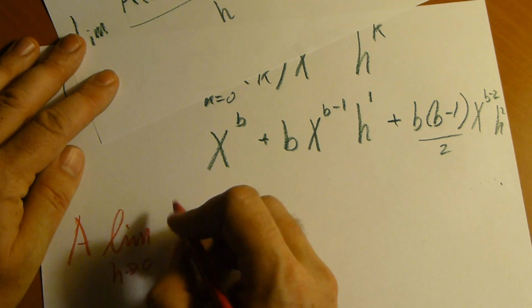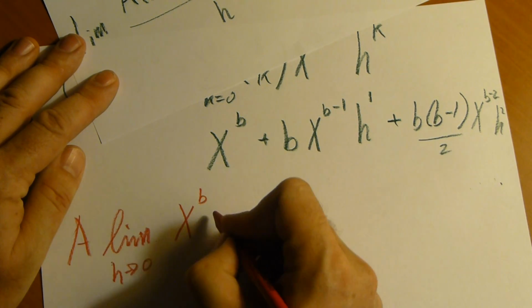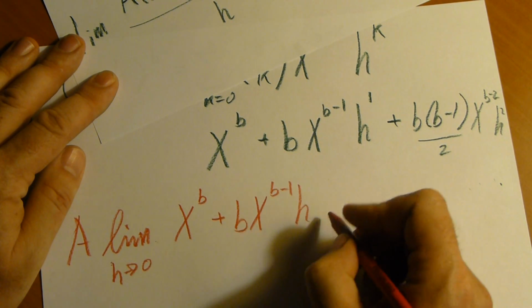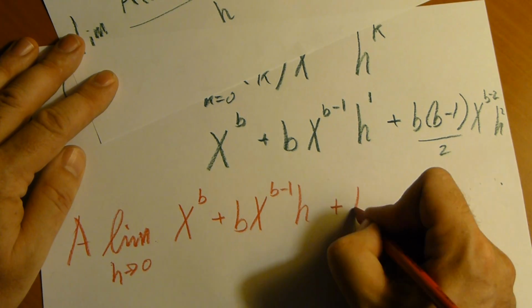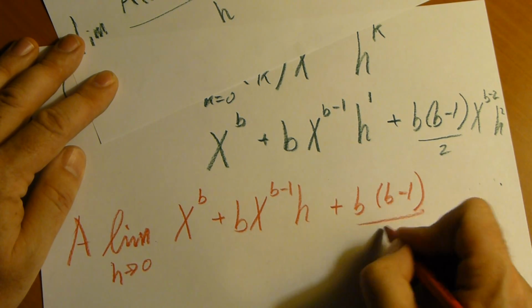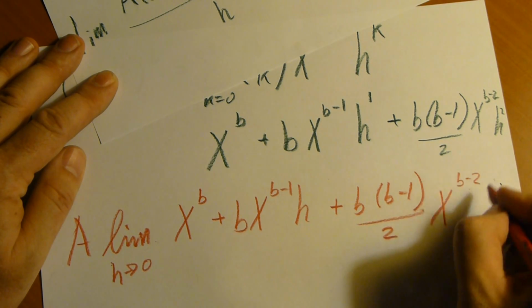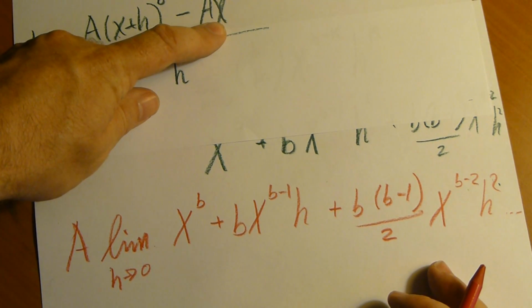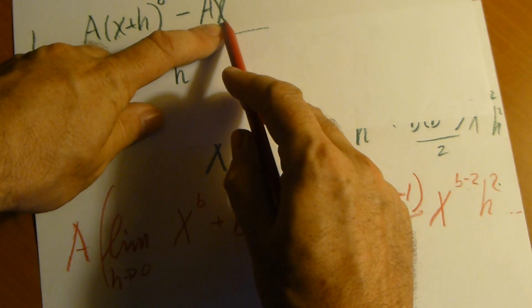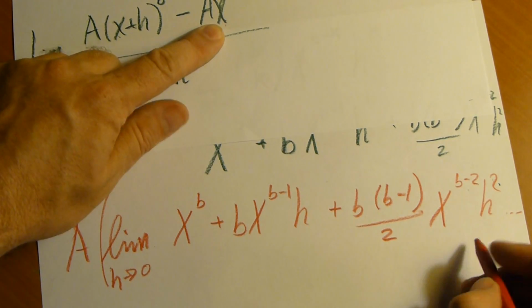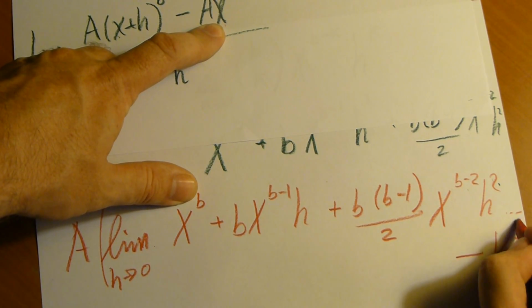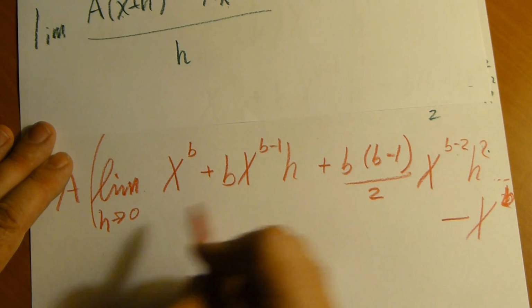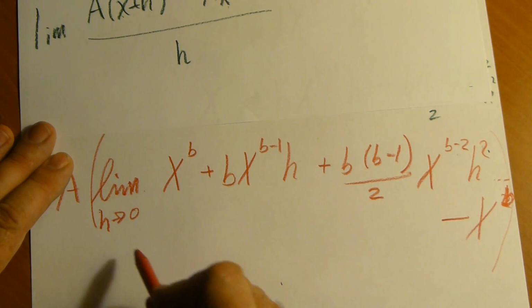So we have x to the b, plus b x to the b minus 1 times h, plus b choose 2 x to the b minus 2 h squared, and so on. I also need to include our minus x to the b. All of this over h.